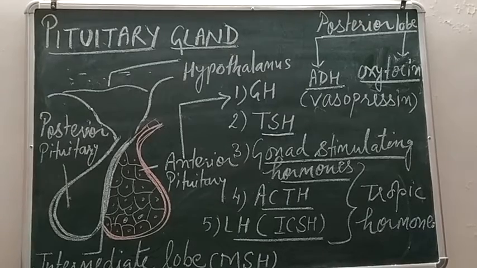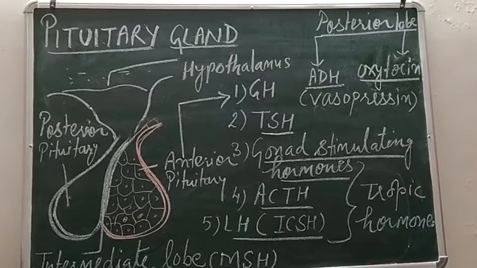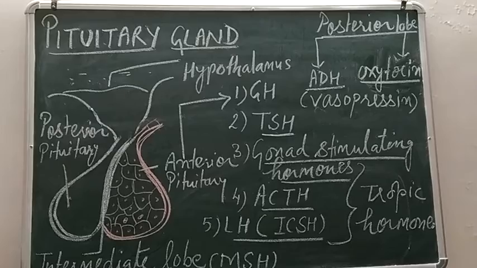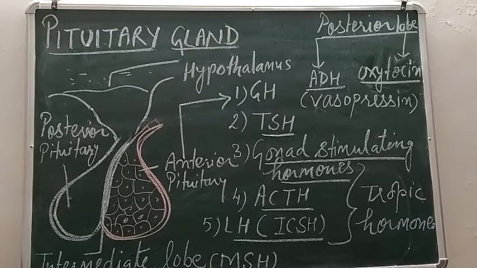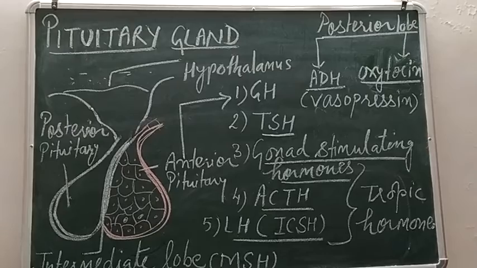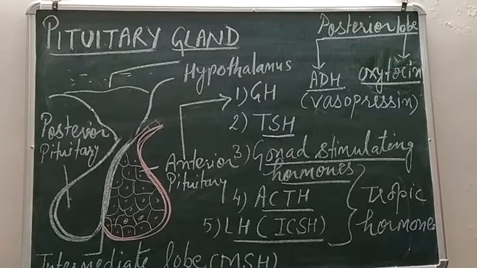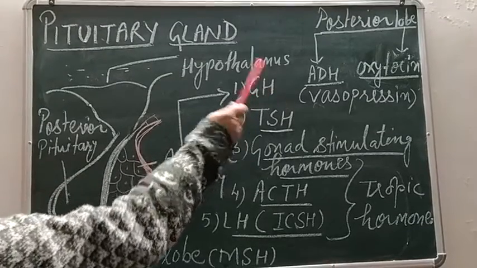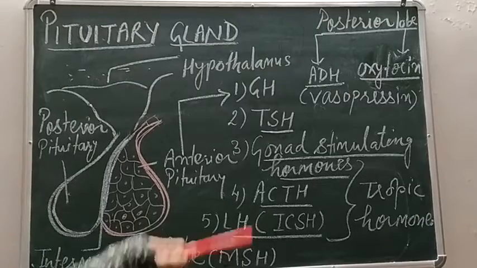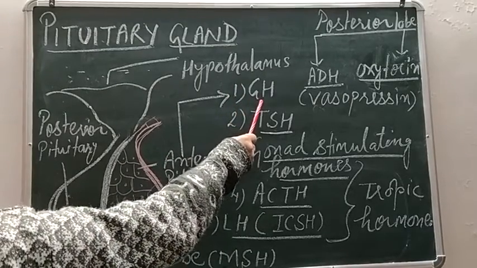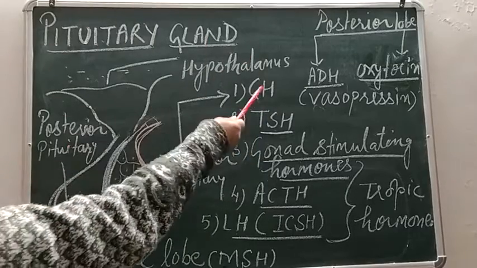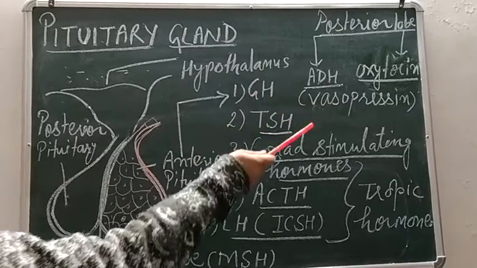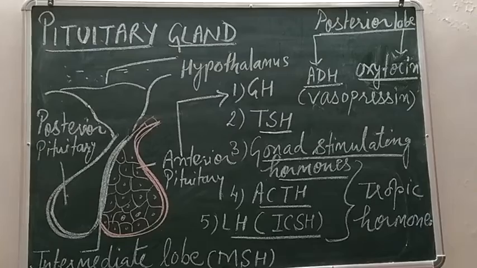In acromegaly, especially the bones in the face and in the hands and feet become very large, and a person will have a large nose and very thick lips. So, less secretion of growth hormone in childhood will cause dwarfism. Over secretion during childhood will cause gigantism. And over secretion during adulthood will cause acromegaly.